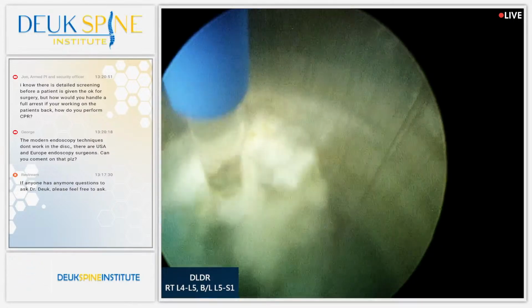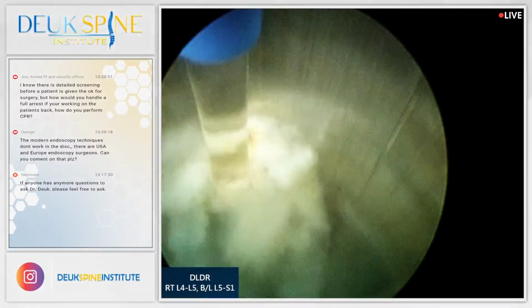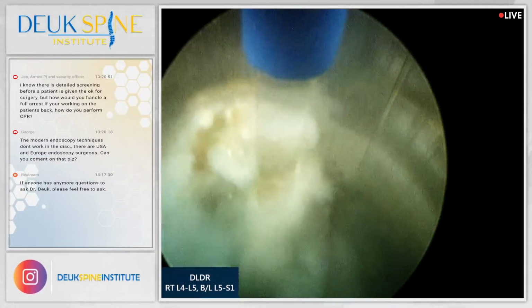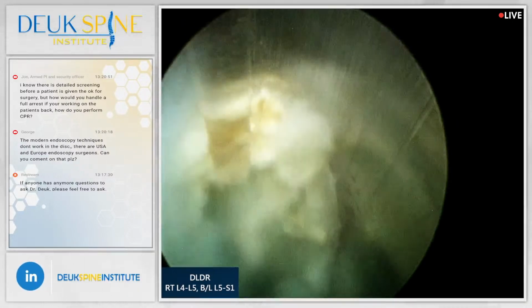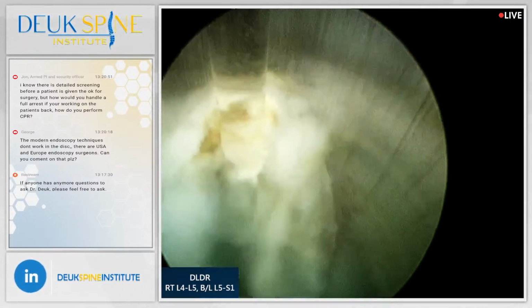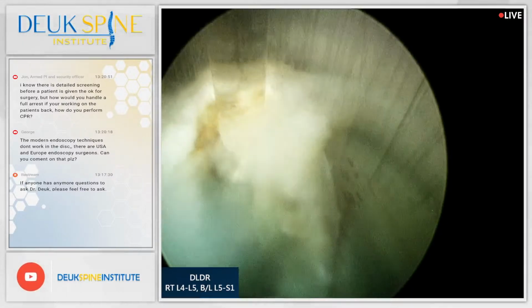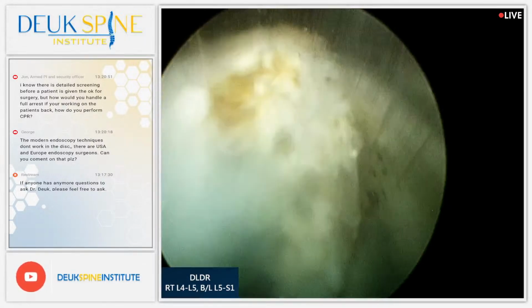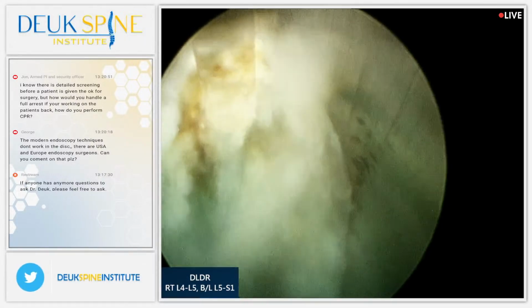This is true for any surgery on any patient around the world, not just at Duke Spine Institute. The arrest is picked up usually by the anesthesiologist, and there's always signs that you can see it coming before it happens. It doesn't just happen on the drop of a hat.